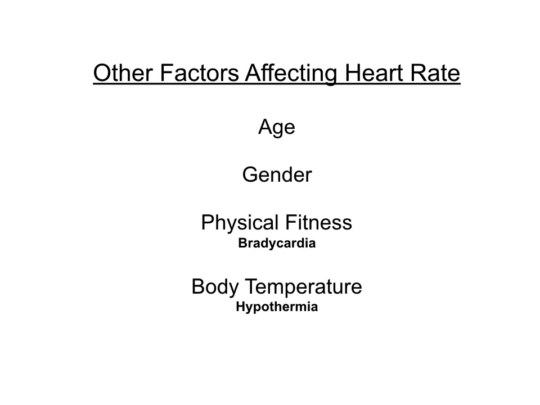So if you increase body temperature, you will increase the rate of sinoatrial node firing, which increases your heart rate. If you decrease your body temperature, you will decrease the rate of your sinoatrial node firing, and you will have a decrease in heart rate.